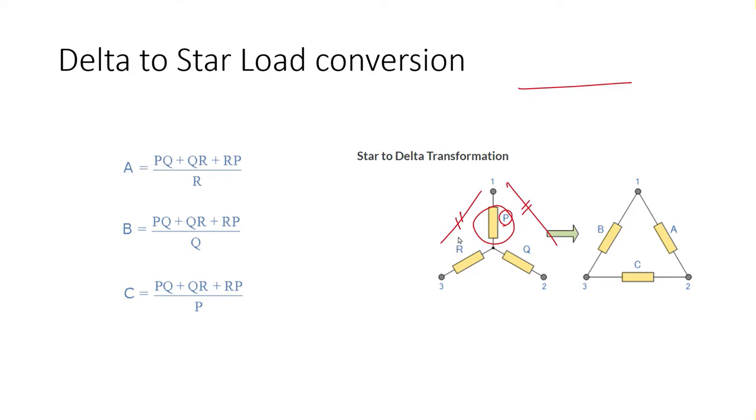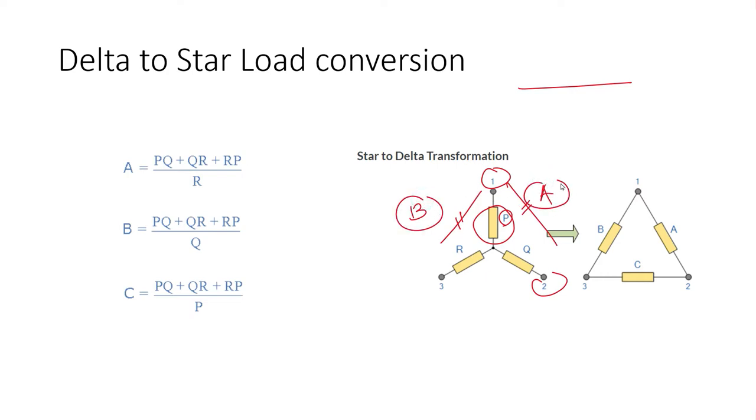For these two sides we will calculate two values. Between 1 and 2 can be RA, between 1 and 3 can be RB. So we want to calculate this A and B.